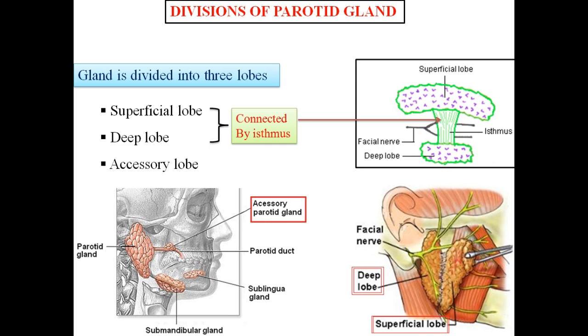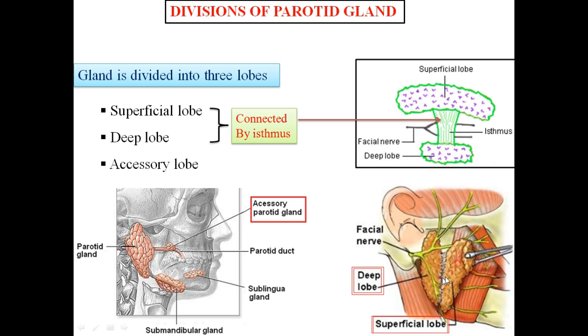Divisions of the parotid gland: it's divided into three lobes: superficial lobe, deep lobe, and accessory lobe. Both superficial and deep lobes are interconnected by the isthmus, and these two lobes are separated by the facial nerve.